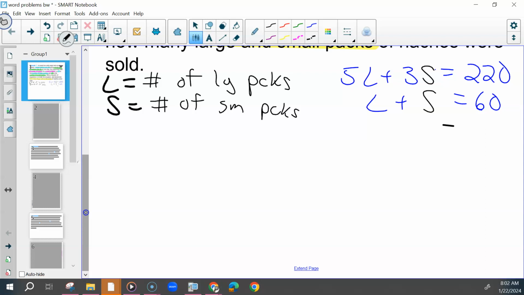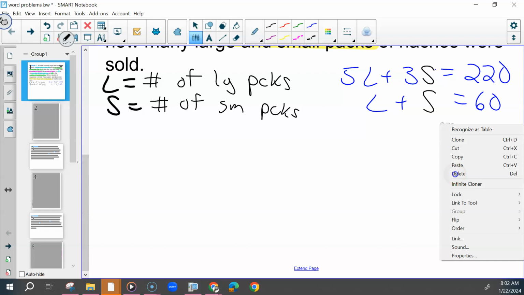Substitution. So if we're using substitution, we have to find both the large and small, so it doesn't matter which one. Do we want to solve for L or for S first? S. Okay.